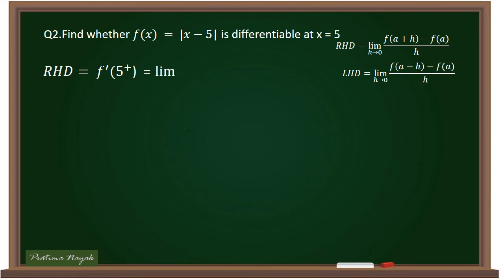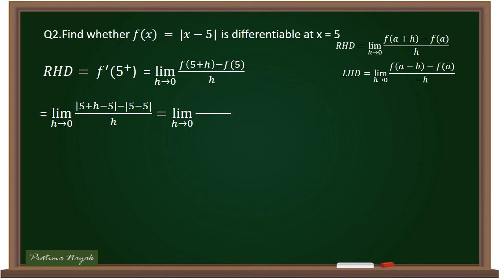So limit h tends to 0, (f(5+h) - f(5))/h. So in the modulus function we'll put modulus of (5 + h - 5) minus modulus of (5 - 5). So you are getting h by h, this is 1. If it's not clear, you can pause the video, you can understand yourself.